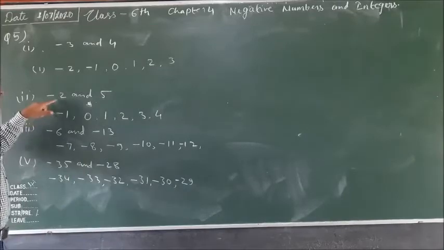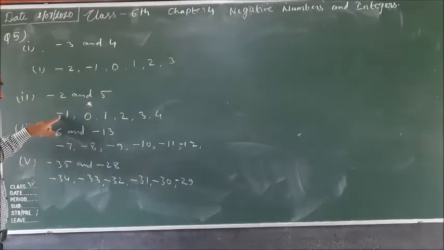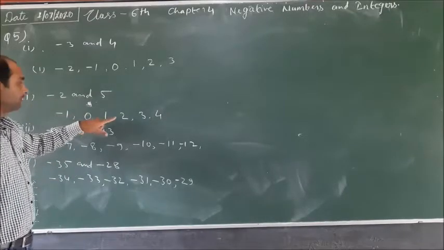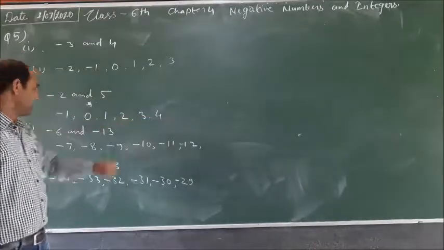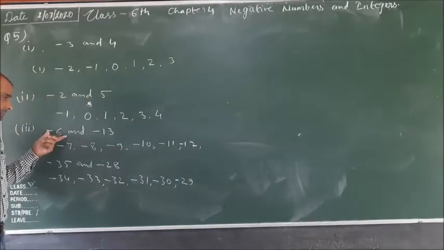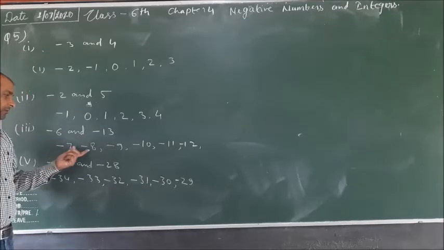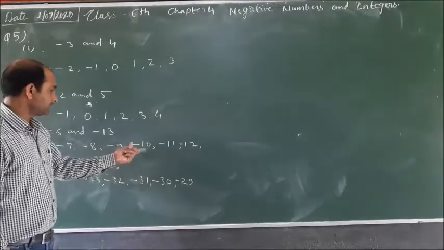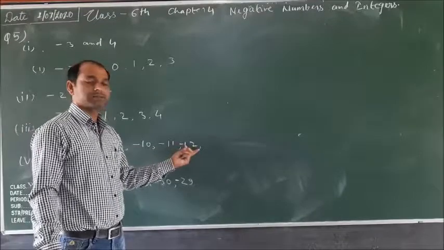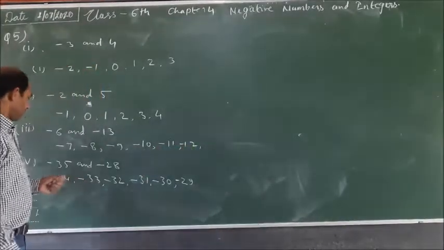And between minus 2 and 5: minus 1, 0, 1, 2, 3, and 4. Between minus 6 and minus 13: minus 7, minus 8, minus 9, minus 10, minus 11, minus 12.